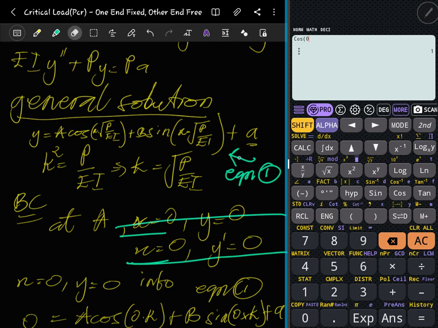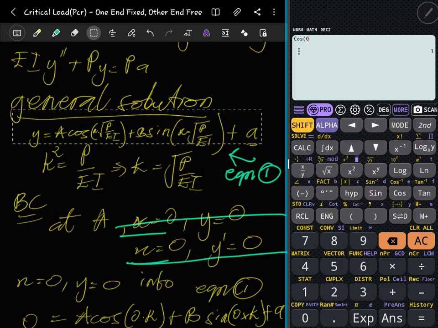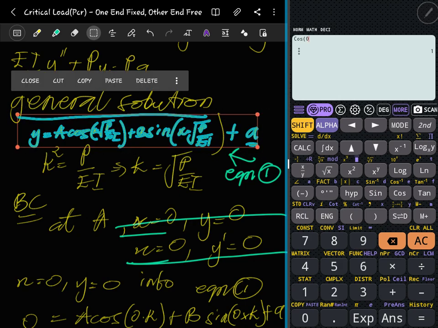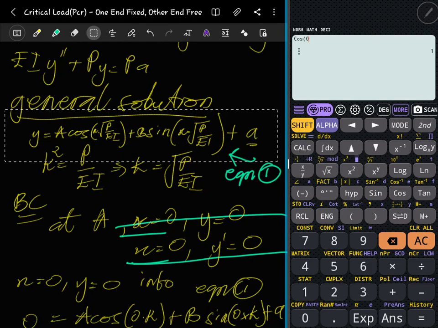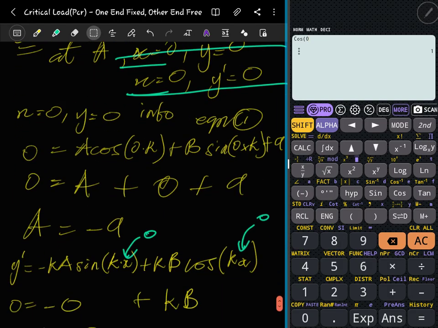Now what we have to do is just to put the constants A and B into the equation we found first, and then we continue with whatever we have to do.